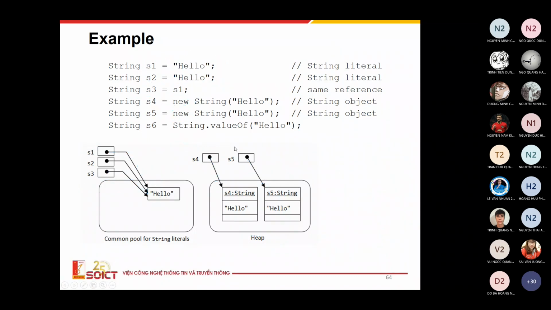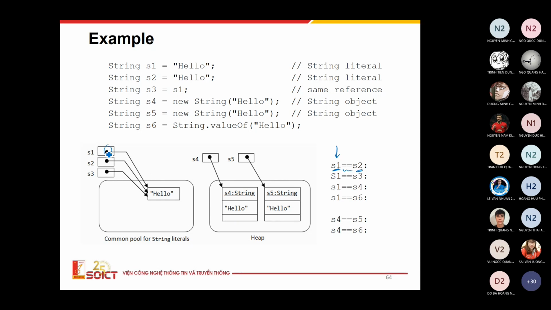So in this example, if you have this conditional checking, can you guess the result of this check? Here you have the equality comparison operator to compare S1 and S2.